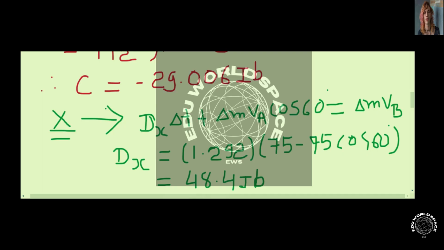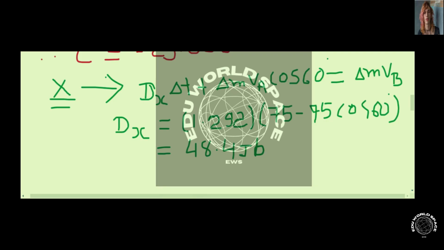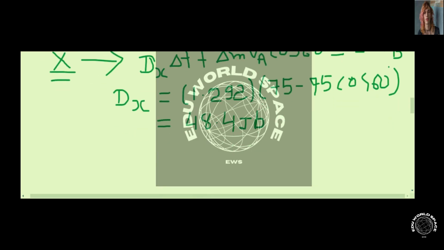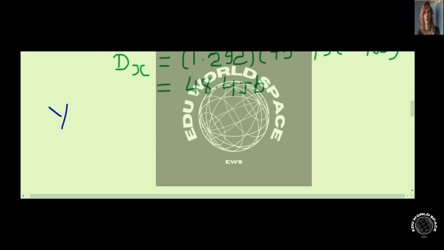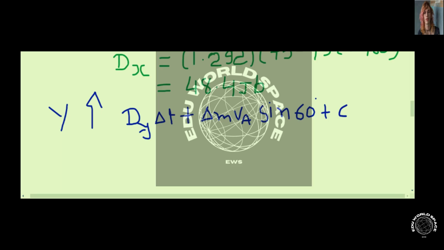Similarly, we can calculate for the y component, which is nothing but in the vertical direction. So for the y component in the vertical direction, what I can write is Dy delta t plus delta m VA sin 60 plus C delta t is equal to 0.